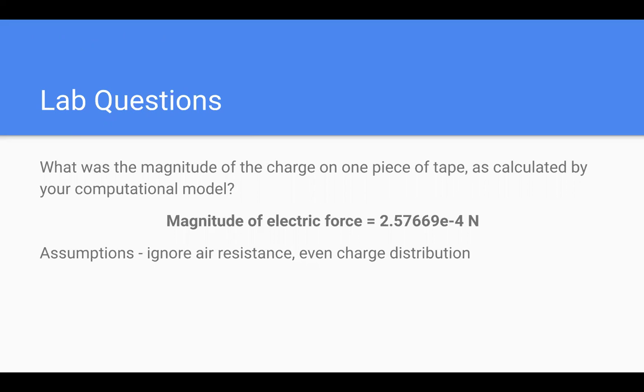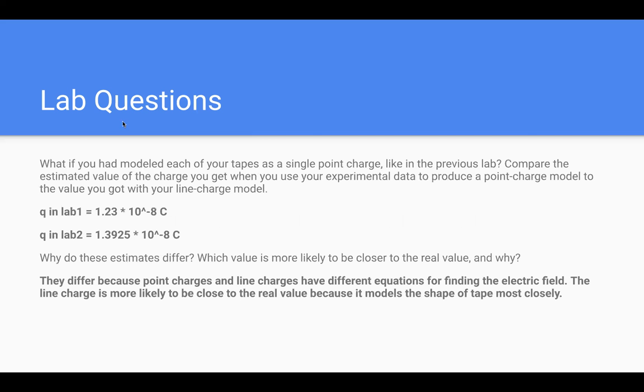We're also assuming an even charge distribution throughout. We're not assuming, however, that it's acting like a point charge, because we're using this rod approximation, and specifically not modeling it as a point charge. Also, if we modeled it like a point charge, we would get a different value.